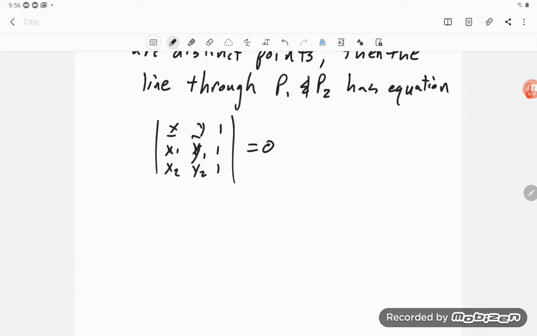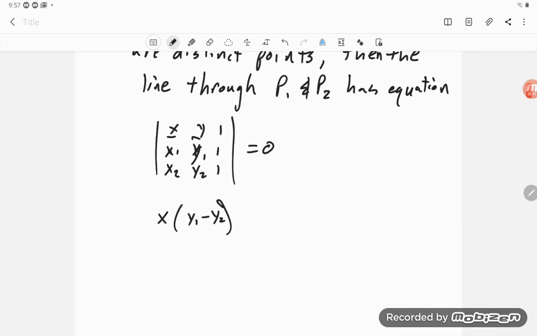Well, if we take that determinant, and we expand by the first row, right, we have that x times our minor determinant there, so that'd be y1 minus y2, because I took y1 times 1 minus y2 times 1, so that's kind of cool, right?